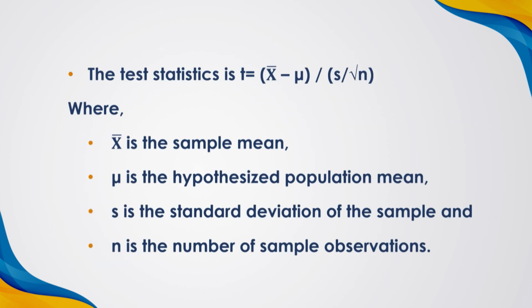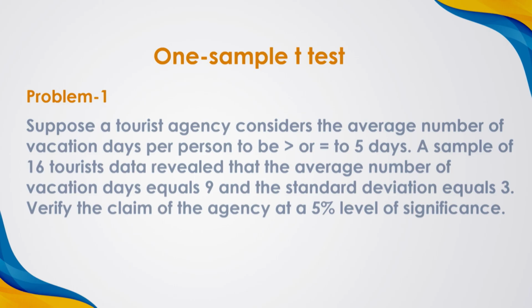The t-statistic is usually defined as x bar minus mu divided by s by root n, where x bar is the sample mean, mu is the population mean, small s is the sample standard deviation and n is the sample size. Let us understand the one sample t-test with the help of a small example.